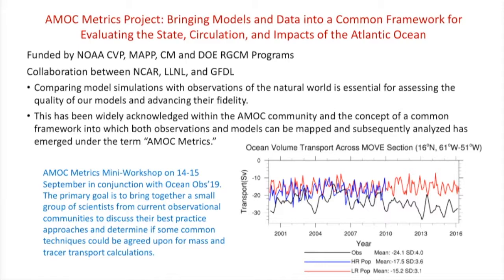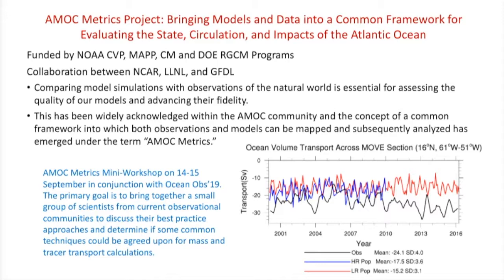As the first bullet indicates, we are trying to compare model simulations with observations of the natural world, which we know is essential. We want to make sure that such a comparison occurs on a fair apples-to-apples basis. Even though the funding started in September of last year, it took us some time to get people on board to work on it, so we really started in February.